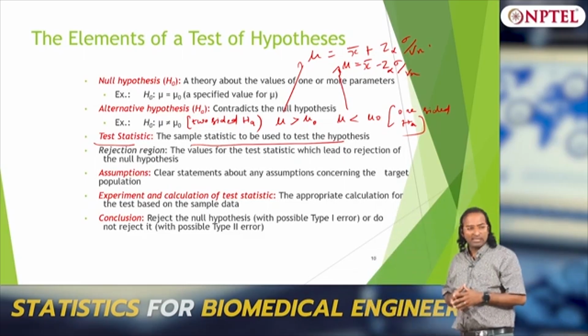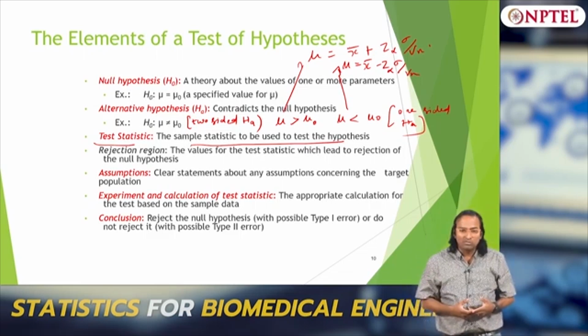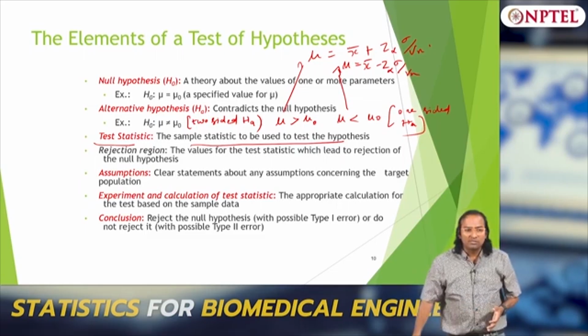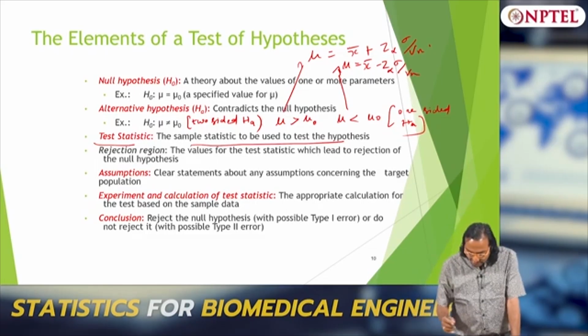In this case what is the test statistic? What is the statistic you use to estimate mu? X bar, that is all. Your test statistic is X bar.